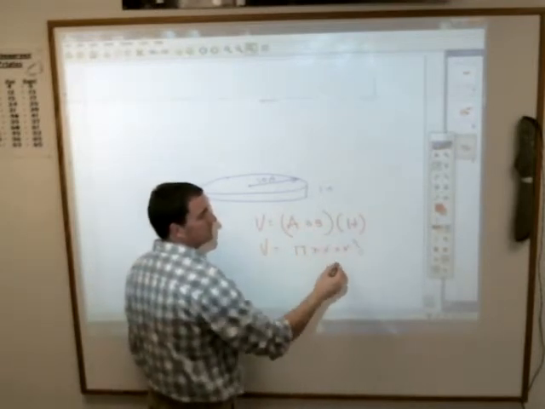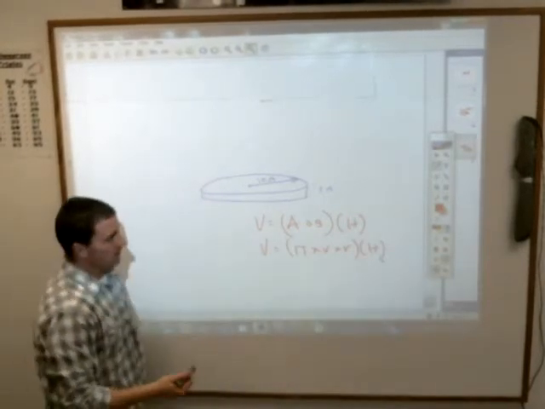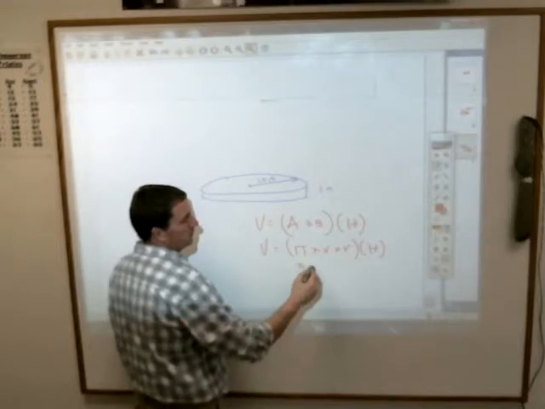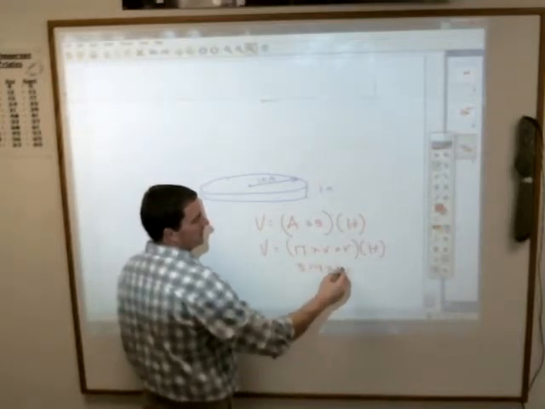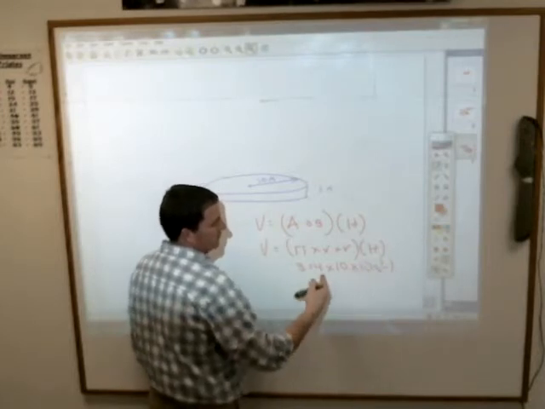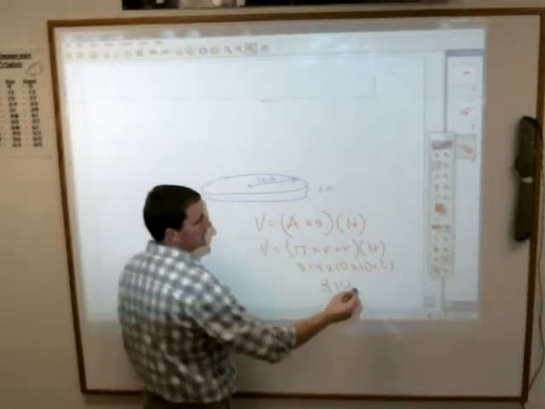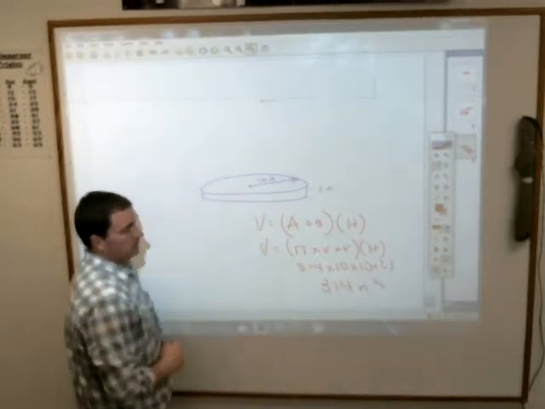That's the area of the circle times its height. That's all you need to know. It told you pi was 3.14, the radius is 10, and the height is 1. So it's just a matter of 3.14 times 100, which was where 314 meters squared came in.